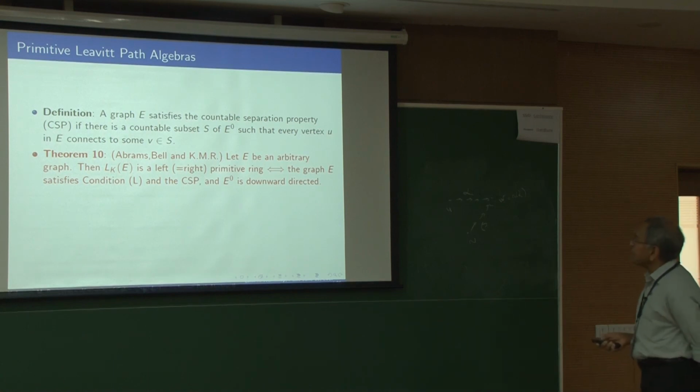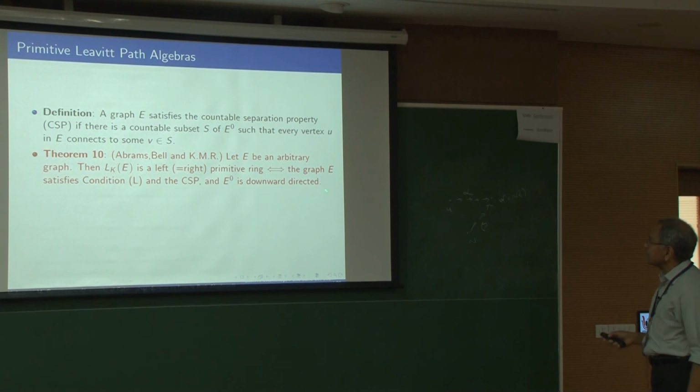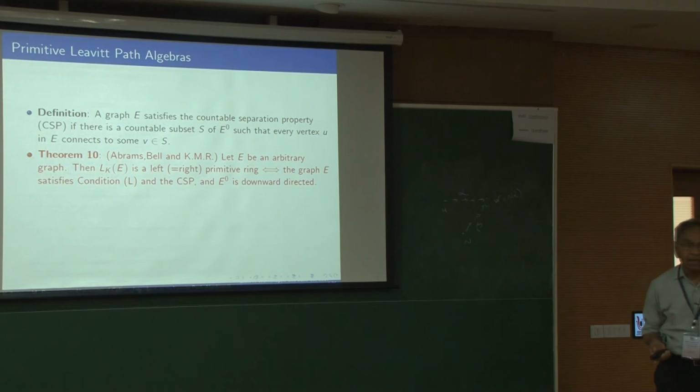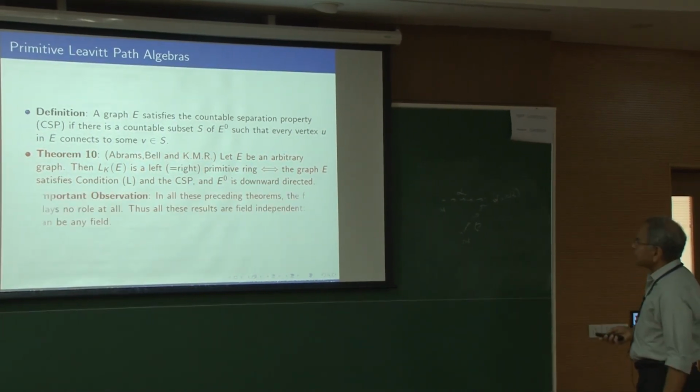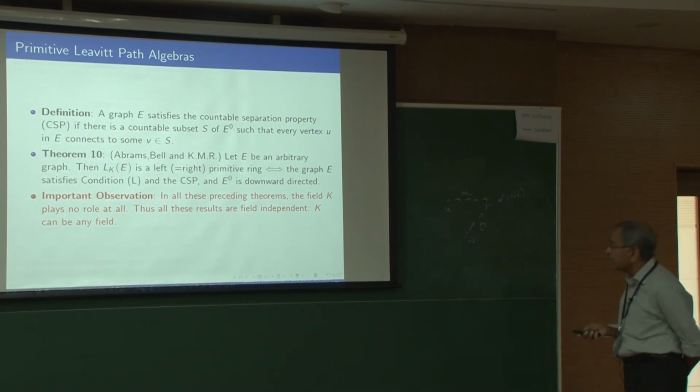And the theorem says that a Leavitt path algebra is a primitive ring if and only if it's a prime ring, therefore this set of vertices is downward directed, every cycle has an exit condition L, and this CSP condition must hold. And again, as I mentioned earlier, K doesn't seem to play any role in these results.